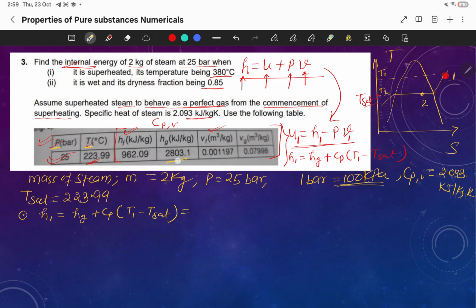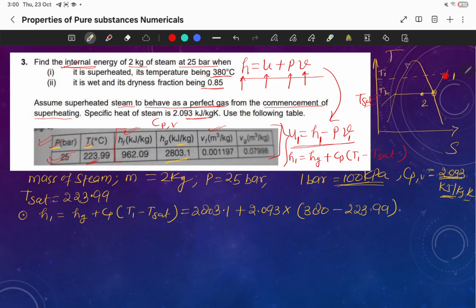This will be Hg plus Cp times (T1 minus T saturation). So Hg is how much? It is given here, 2803.1, plus Cp is how much? Check the unit, it is all in kilojoule per kg Kelvin. So this will be 2.093 into T1. T1 is 380, minus T saturation, 223.99.